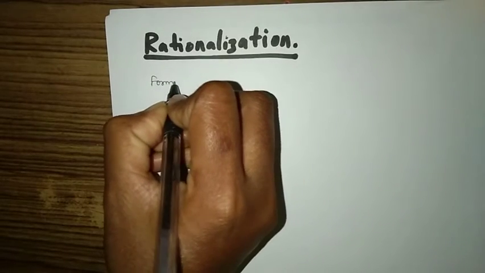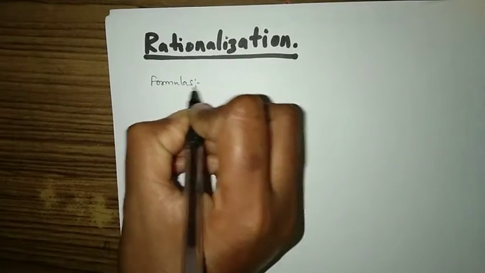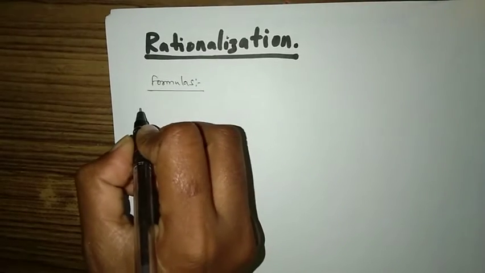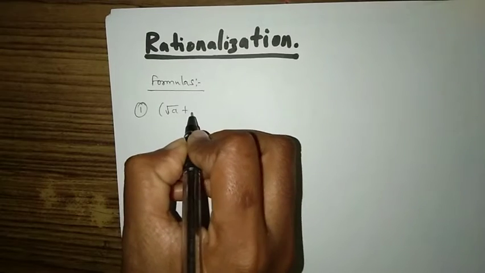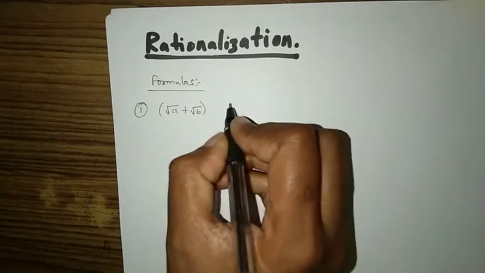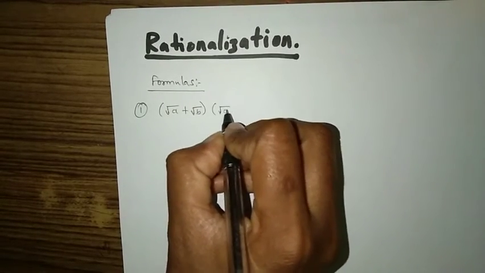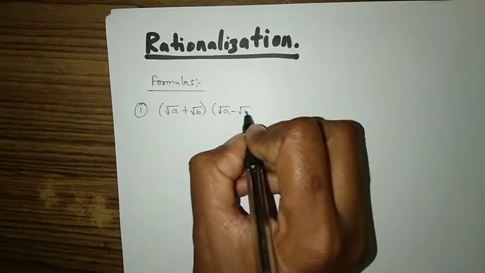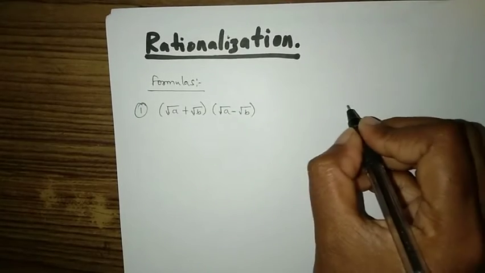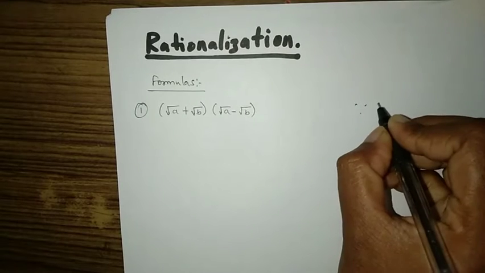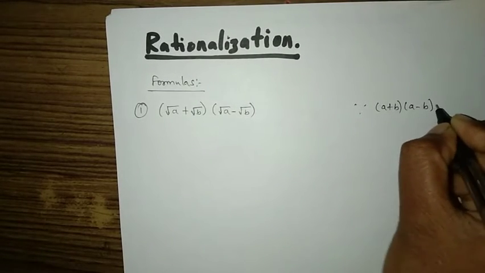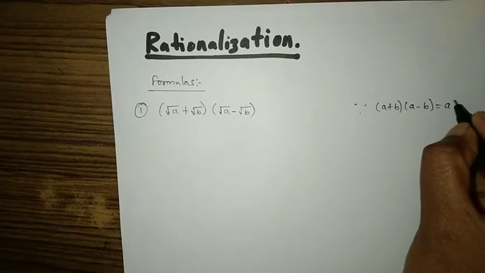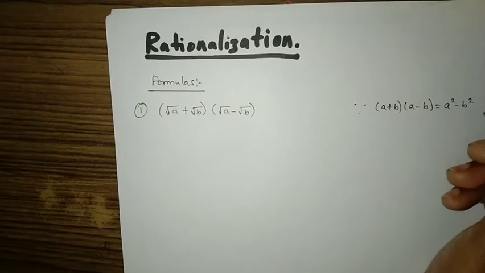Formulas. The first one is (root a plus root b) into (root a minus root b). The formula is (a plus b) into (a minus b) is equal to a square minus b square.